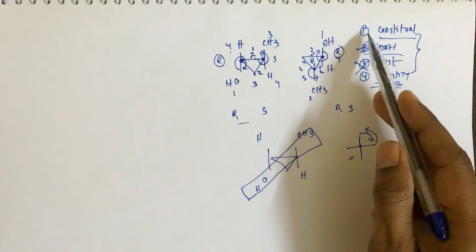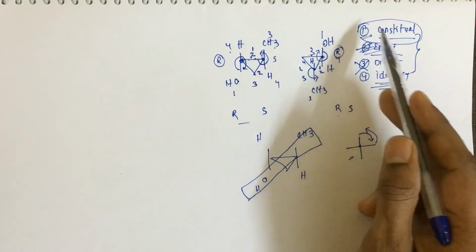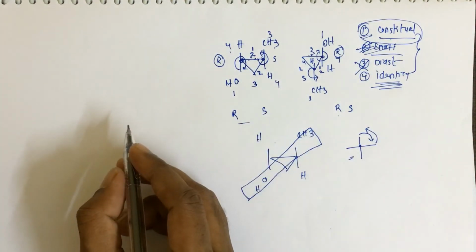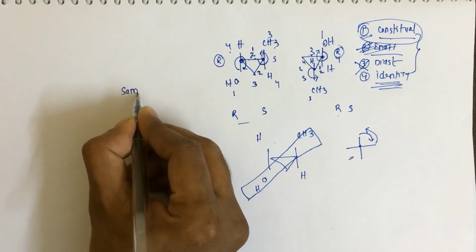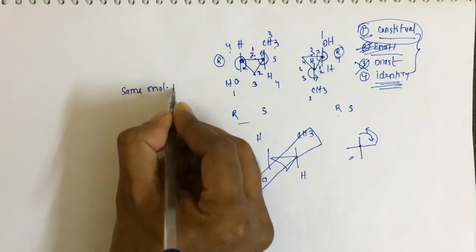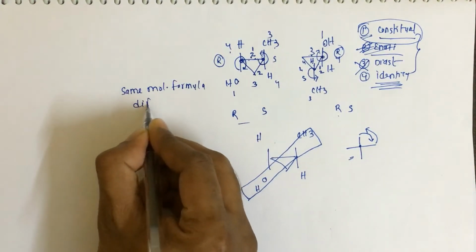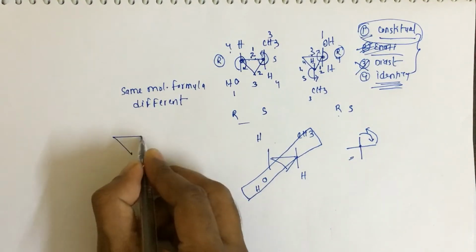And there is another important one I want to explain here before going to the enantiomer topic, that is the constitutional isomers. So what are constitutional isomers? Constitutional isomer means same molecular formula but different connectivity. Different connectivity, like this compound.